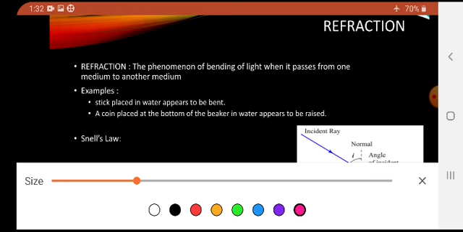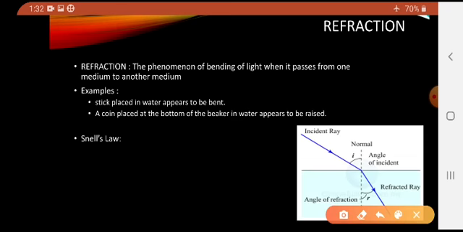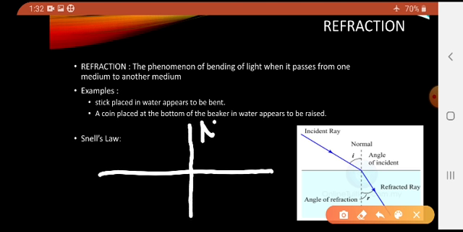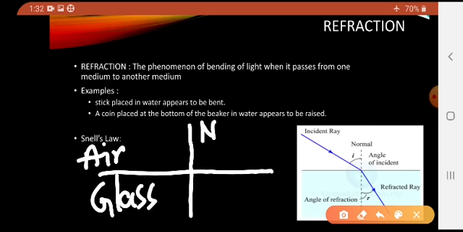Observe that, for example, this is a surface and this is the normal drawn to the surface. Here is air, and this one is glass. Comparatively, glass is a denser medium and air is a rarer medium. So the refractive index of air is taken as 1 and the other as 2.